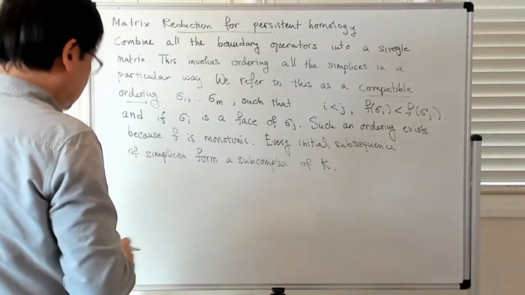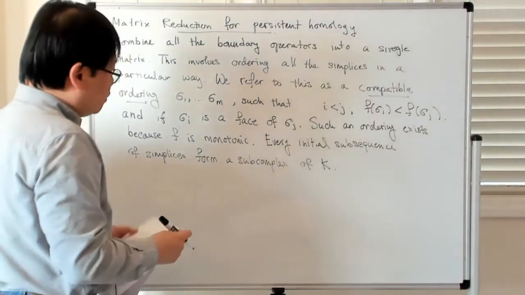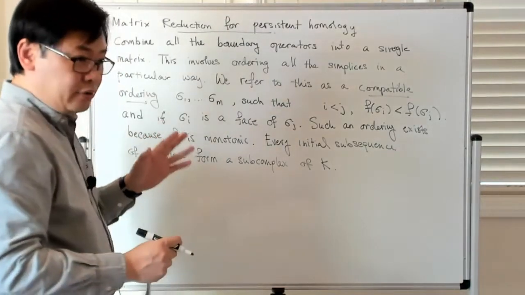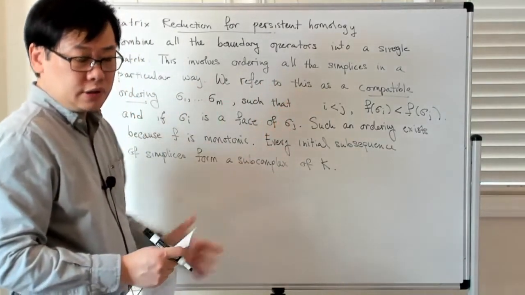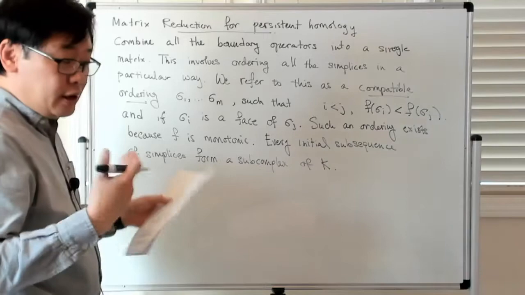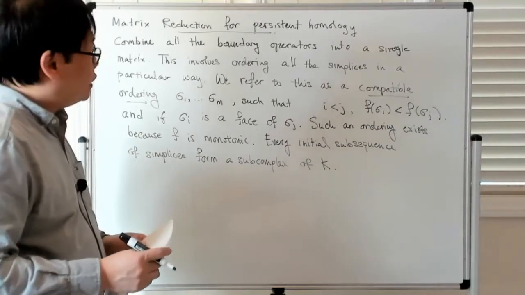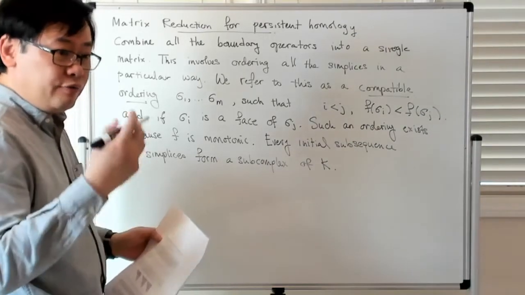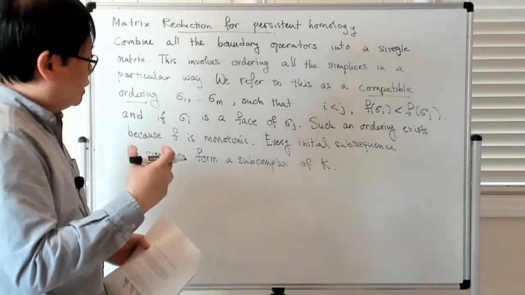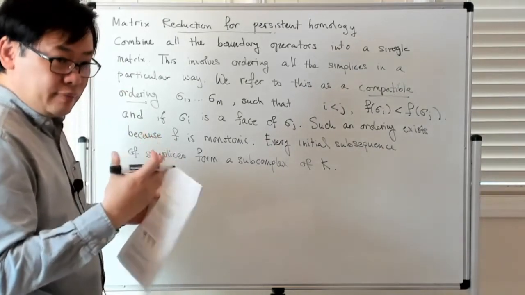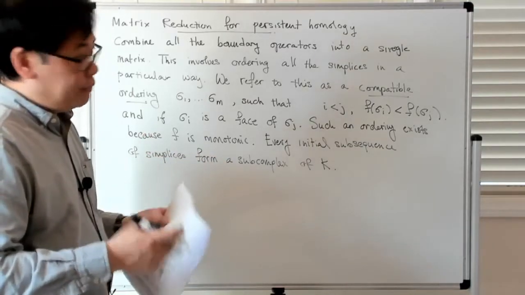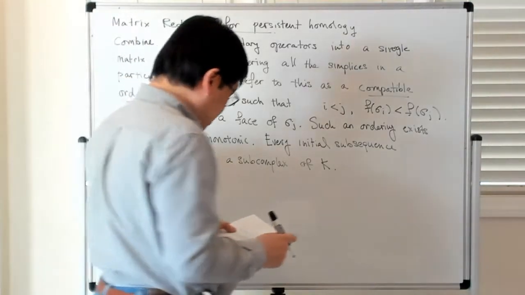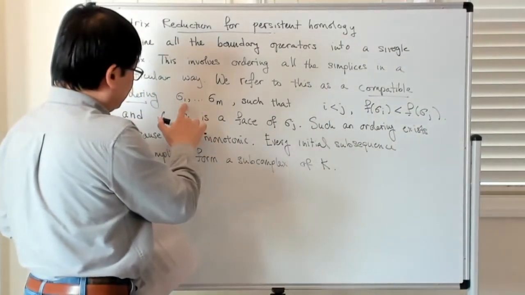And so now what you can do is define the boundary operator for this particular ordering of the simplices. Normally, when we talk about boundary operators in the context of homology, we think of breaking them up by simplices of the same dimension, but nothing really prevents you from just collecting all that information into a single matrix. So you have simplices from 1 to m.